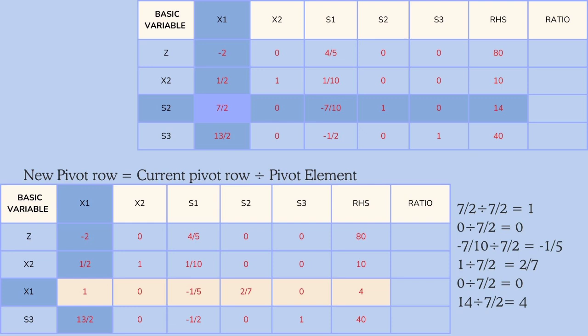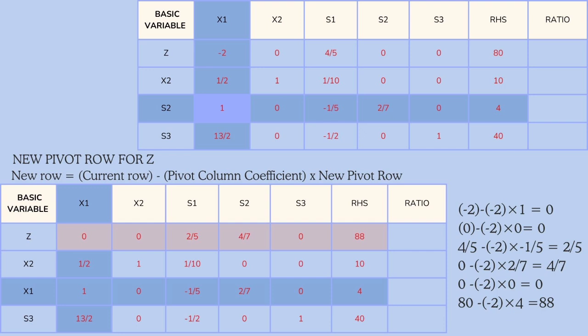So, next is, kukunin na ulit natin yung new pivot row ng Z, X2, and S3. So, let's start with Z. Aalahanin muna natin yung formula para makasagot sa new pivot row. So, ang formula is new row is equals to current row minus pivot column coefficient times new pivot row. So, hanapin natin yung current row, pivot column coefficient, and yung new pivot row.